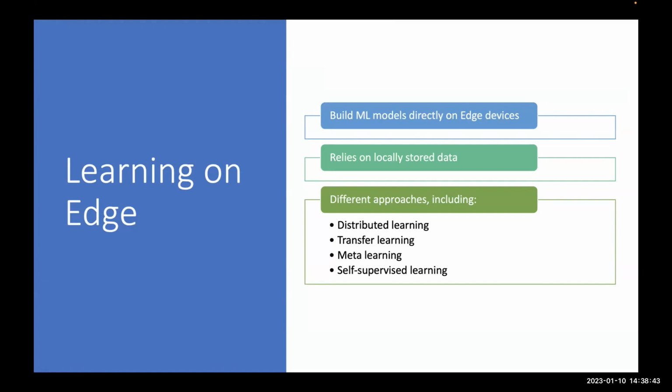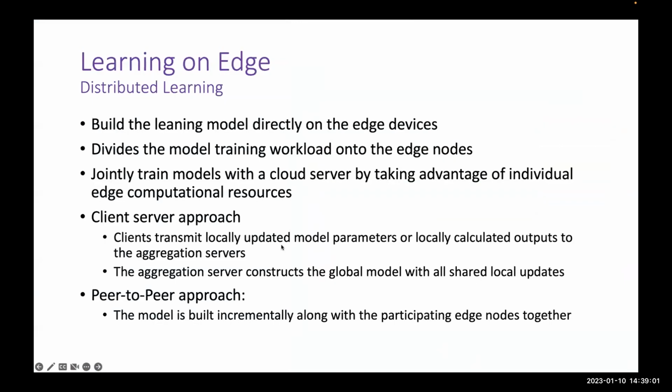So you have the distributed learning. As we have distributed inference, we have distributed learning, transfer learning, meta learning. You have so many other categories, but I will just be describing the first two, and then I will refer you to the paper to read more. The distributed learning is a family of methods that try to build the model in a distributed and cooperative way.